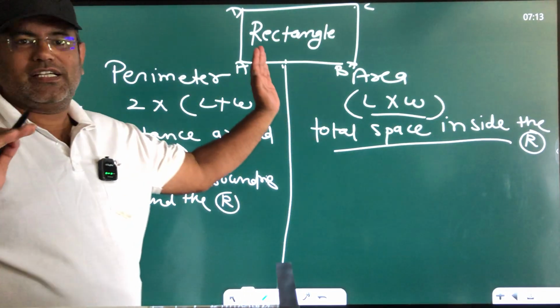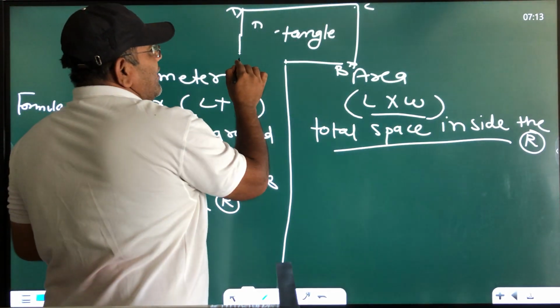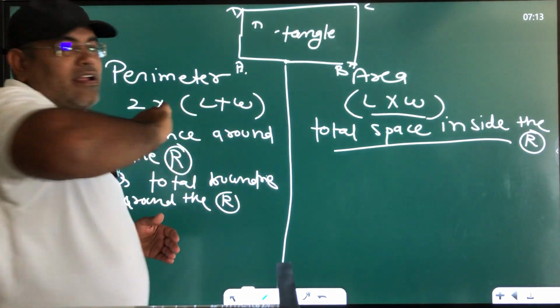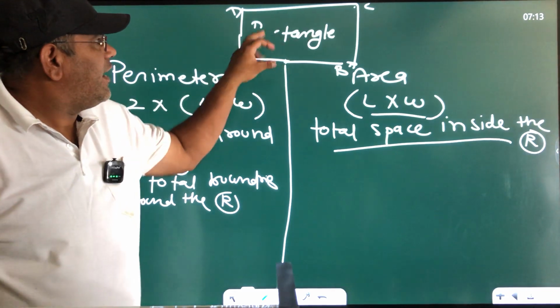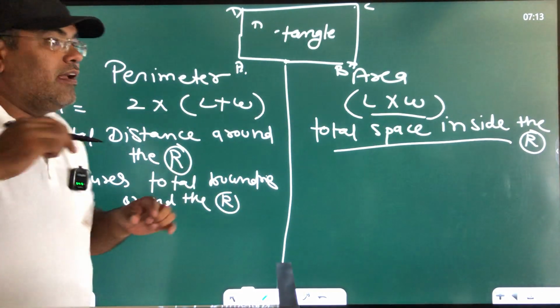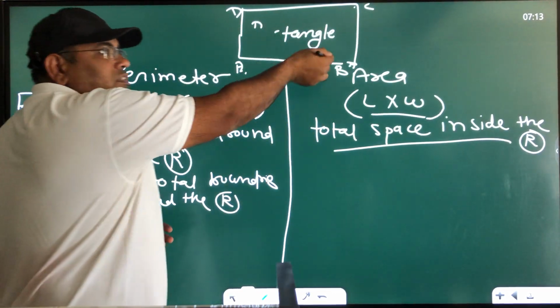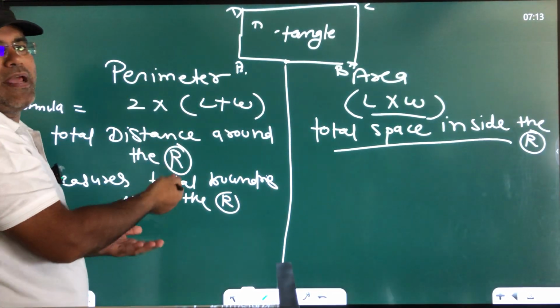Once again, I write here: complete space inside the rectangle, that's called area. And complete distance around the rectangle, that's called perimeter.